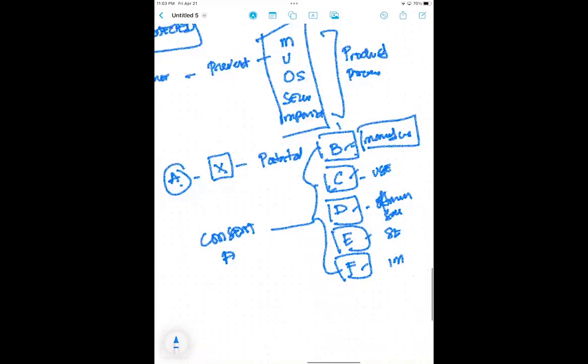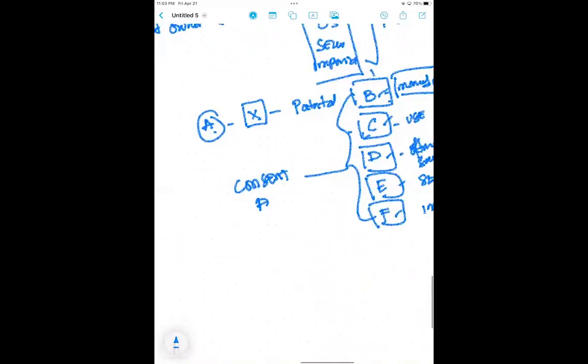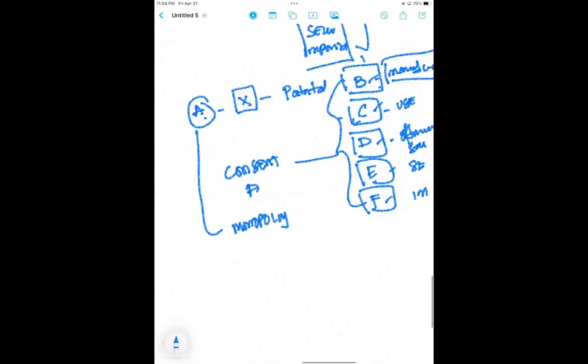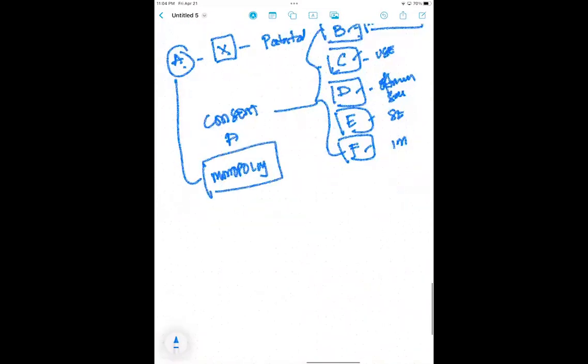Okay? In short, anong ginawa ng Estado? If A was given a patent, A was given a monopoly. Okay? At alam naman natin yung function ng monopoly. Okay? It prevents competition. At ano mangyayari if there's no competition?